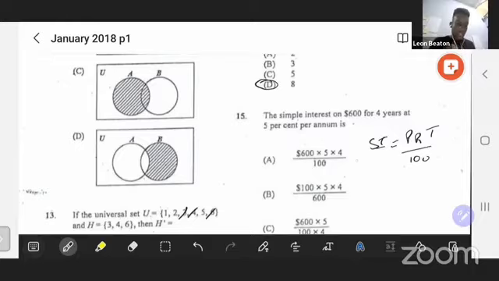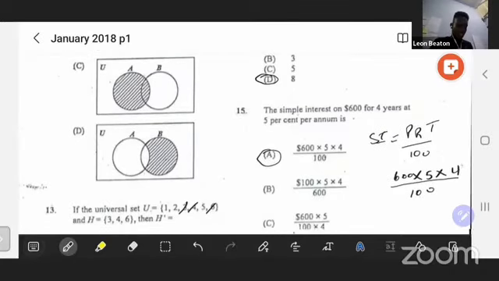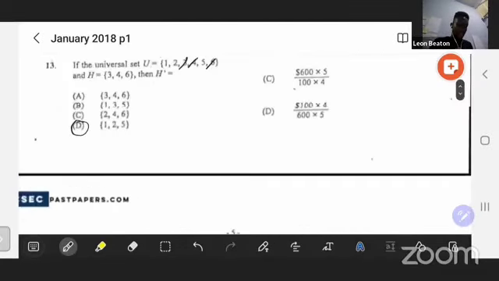The principal is the money invested, so that would be 600 times the rate, which is 5%, times the time, which is 4 years, all of that over 100. So the answer here is A. That was pretty easy, and that was number 15.